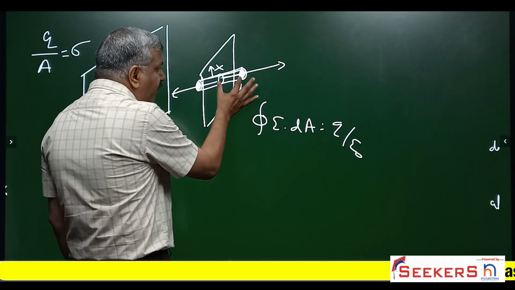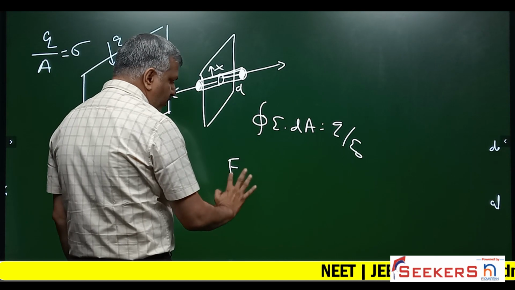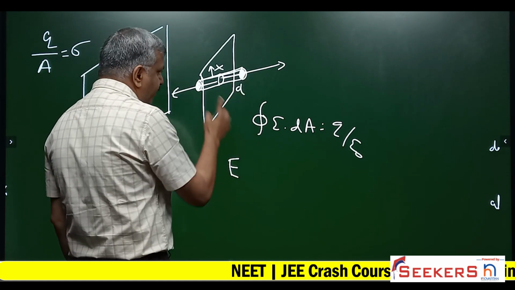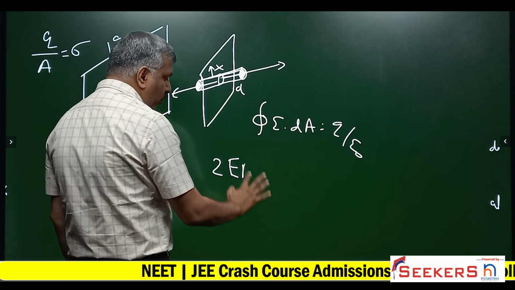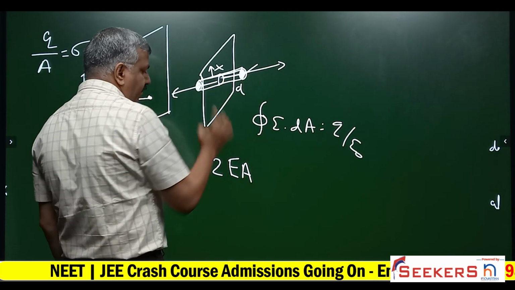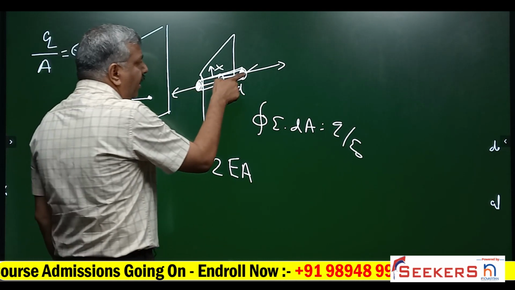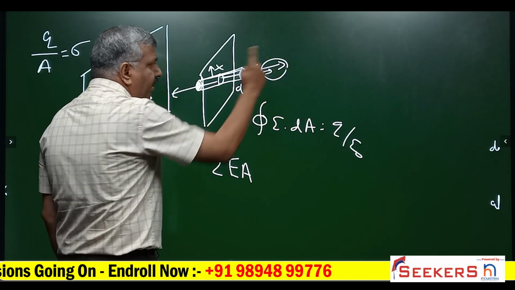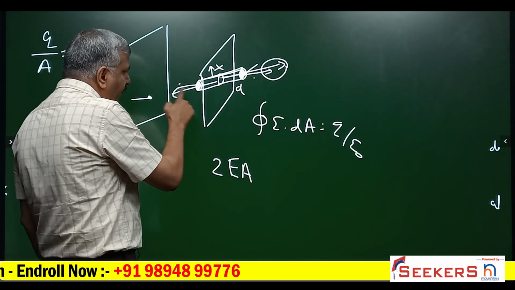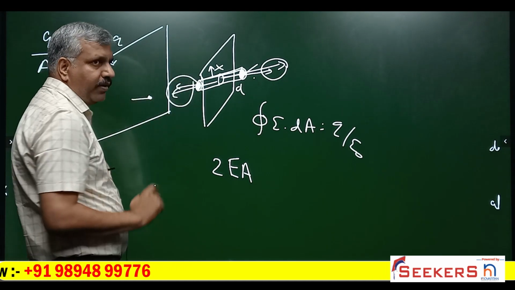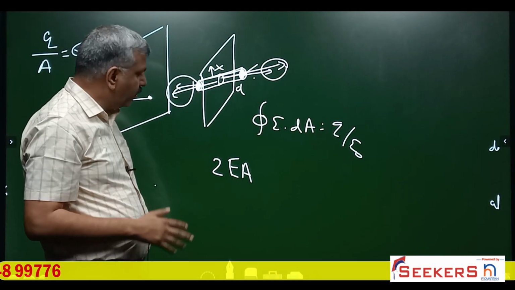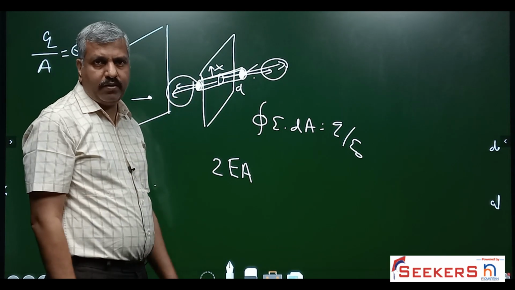So because they are equidistant, I will say E is constant. Suppose this area is A and this area is A. So the total flux on this and this will be 2 times E into A. Students, here the area vector is in the direction of the electric field. Here the area vector is in the direction of the electric field. So the net flux will not be 0. The net flux will be 2 times E into A.